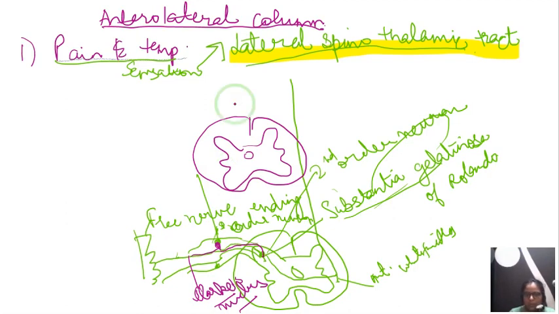For example, this is at the lumbar level, and this is your cervical level. Are you getting my point now? We are adding the fibers, right? Here also we have the same thing.